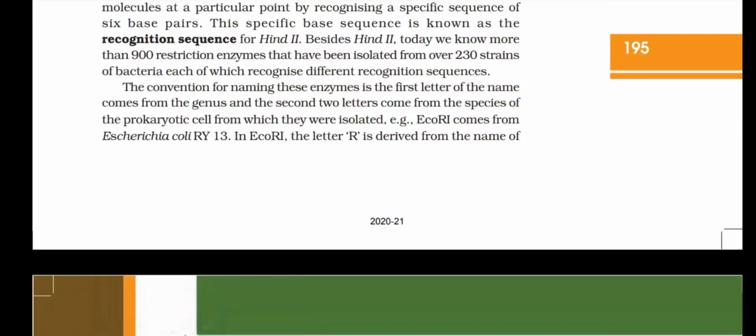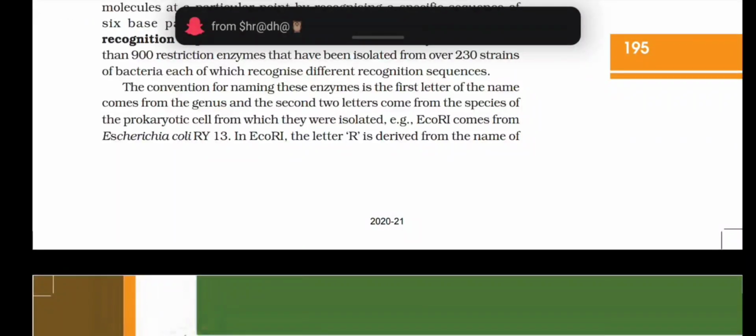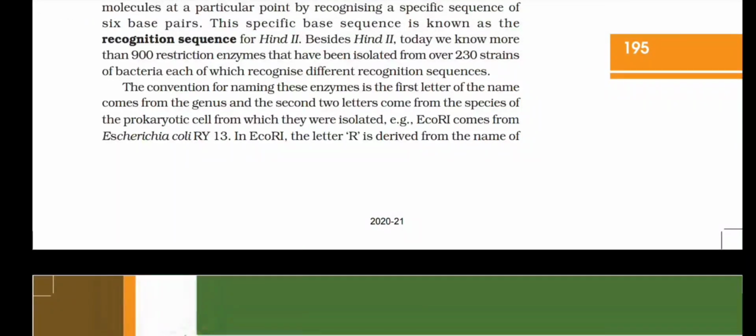Now, how does the naming come? If there are so many enzymes, how are we going to name them? The conventional naming for these enzymes is that the first letter comes from the genus, and the second two letters come from the species of the prokaryotic cell from which they were isolated.